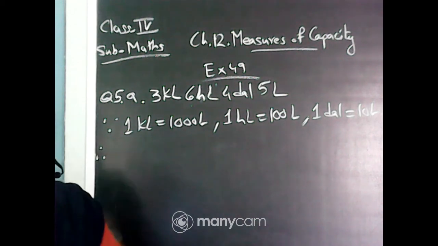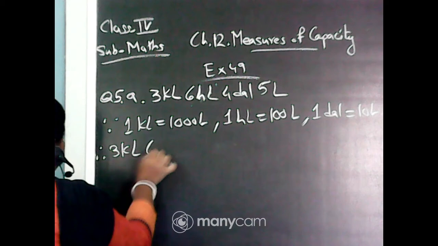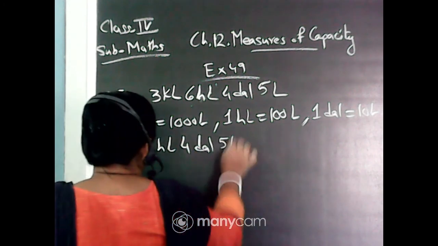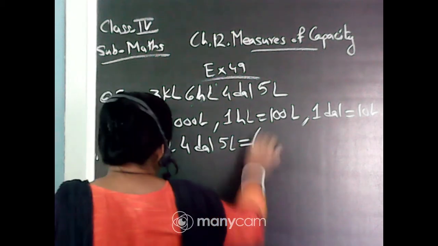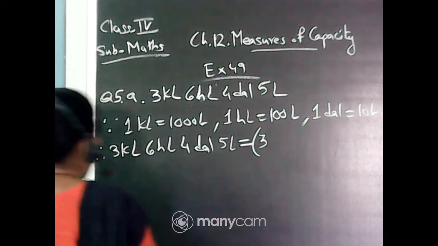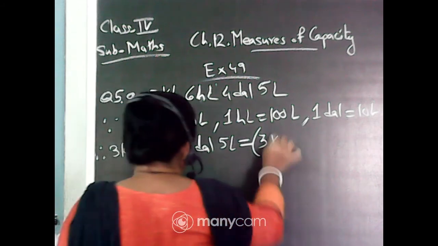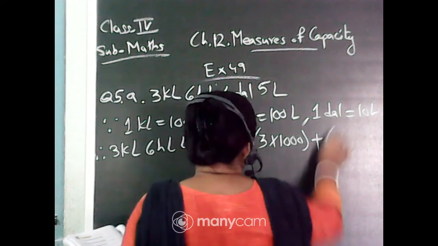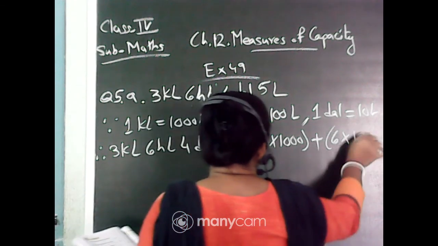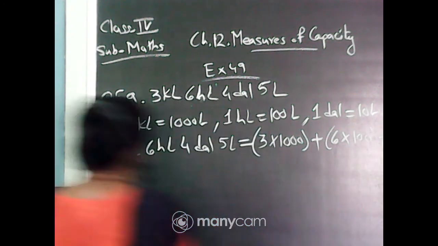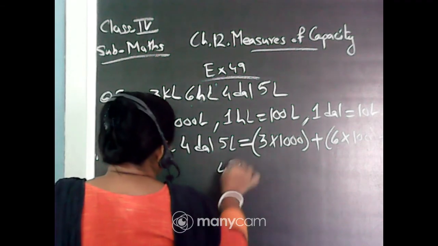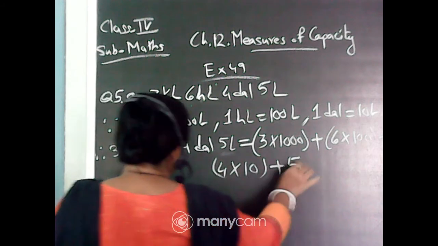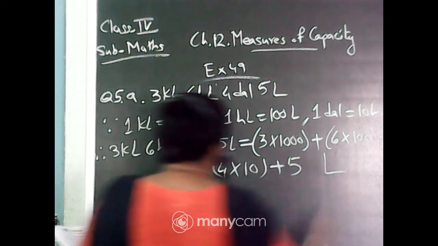Therefore, 3 kiloliter, 6 hectoliter, 4 decaliter and 5 liter is equal to, now you will start multiplication. First you will change kiloliter. So 3 into 1000 plus 6 into 100. Now decaliter, 4 into 10, plus this 5 liter is already in liter, so it will be as it is, that is 5 liters.